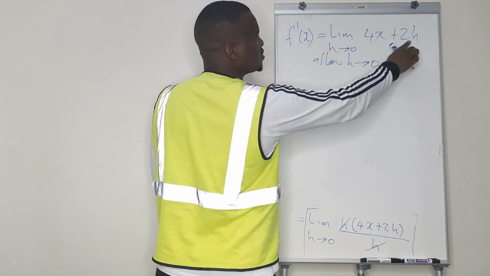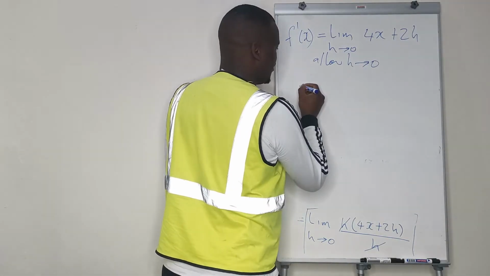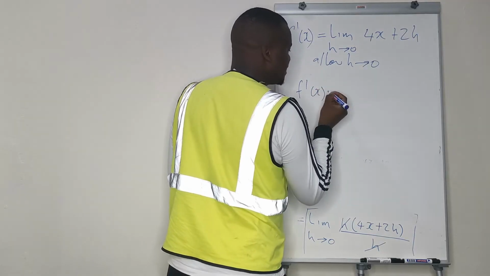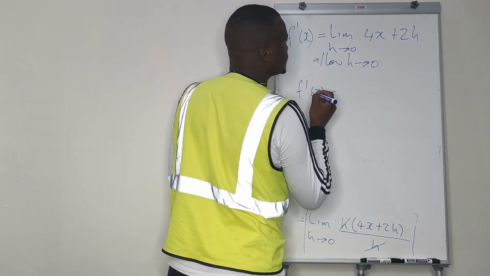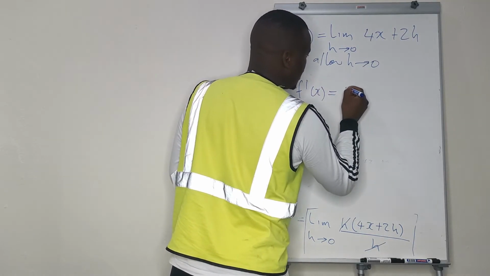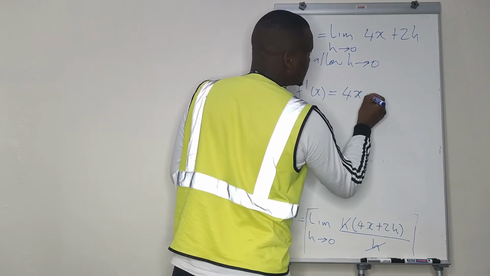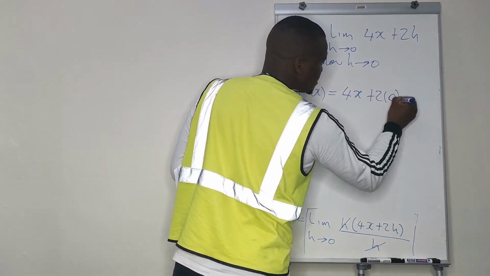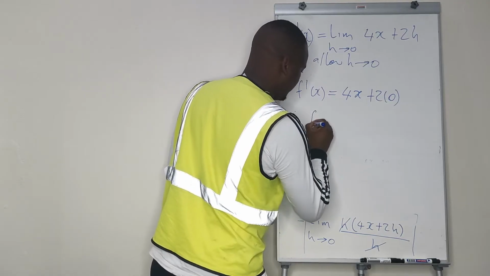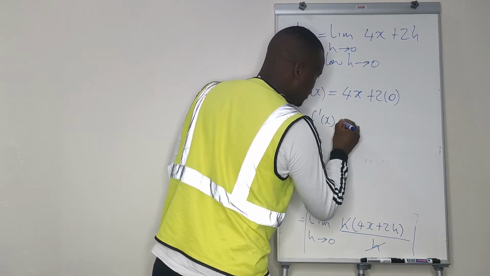Right? Which now you substitute your 0 there. So f prime at x is equal to 4x plus 2 times 0. Therefore, your f prime at x is equal to 4x.